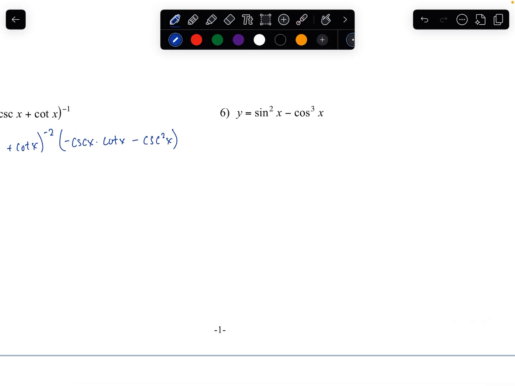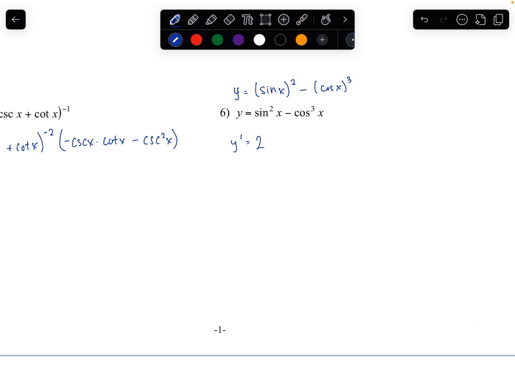For 6, before I take the derivative here, it might be easier to rewrite it. So sine squared of x can be rewritten as sine of x squared, and then minus cosine of x cubed. So this is just kind of easier for me to see the power rule when it's written like this rather than when it's written in this format. So I'm going to take the derivative, I'm going to drop the 2.